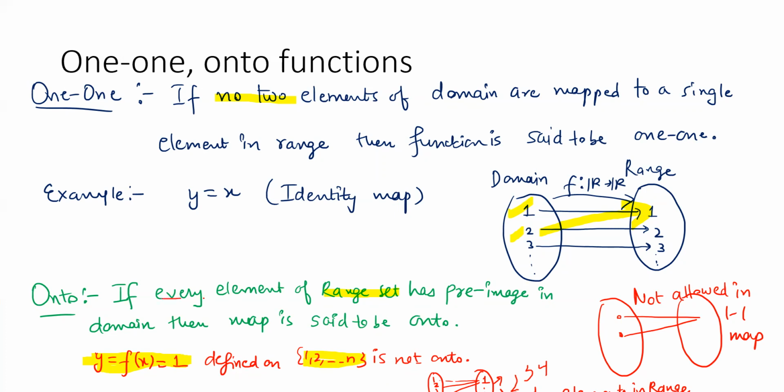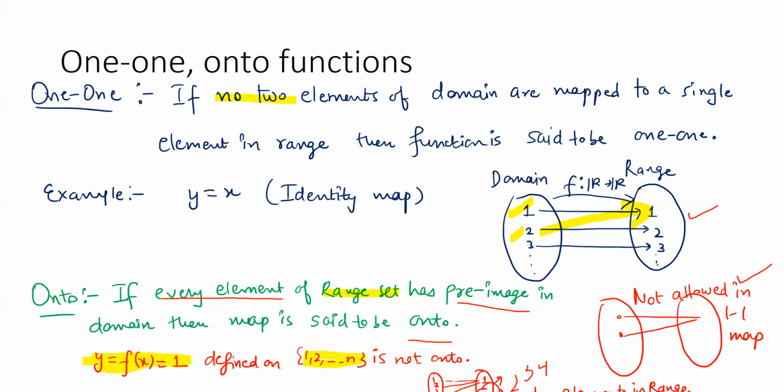So if every element of the range has its pre-image, then the map is said to be onto. That means there cannot be any extra elements here which do not have any pre-image. Those kind of functions are onto functions. And this is again a way to understand which is not allowed in one-one map. This is something I have already explained.